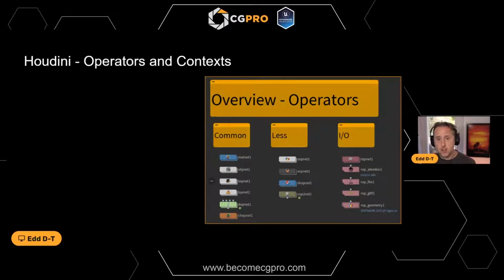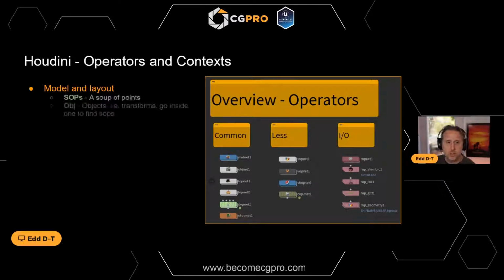This is surface operators, things that work on geometry, basically. There are others. So SOPs is a great place to play if you're working on geometry. The object context is where you're going to have actual objects. It's similar to having objects with transforms in Maya, for example.